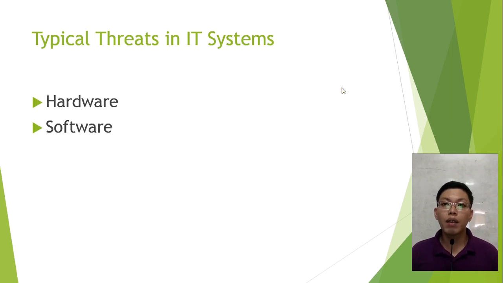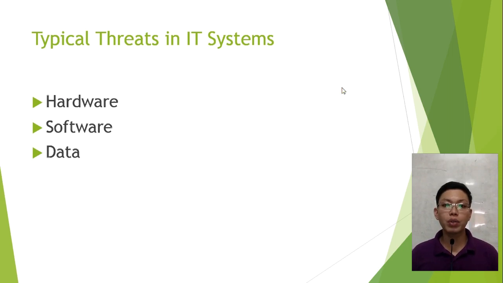It also includes viruses, worms, Trojan horses, theft, and unauthorized copying. And lastly, threats on data, which include theft, accidental disclosure, inference, masquerading, and unauthorized access. Every attack may cause risk to the organization or to an individual.